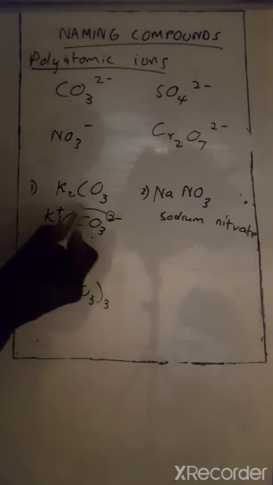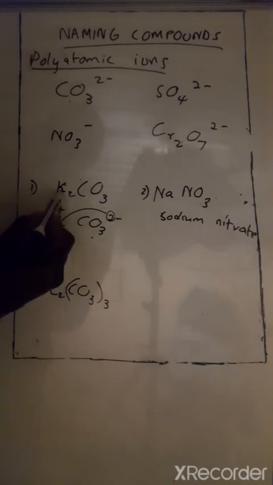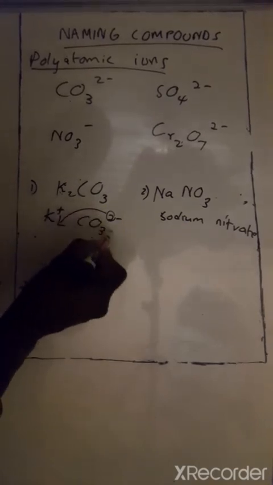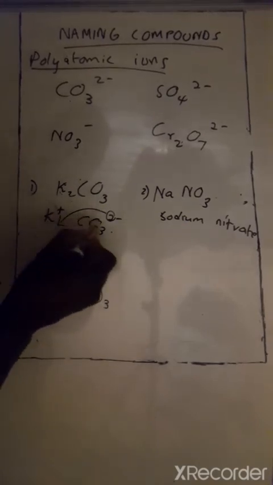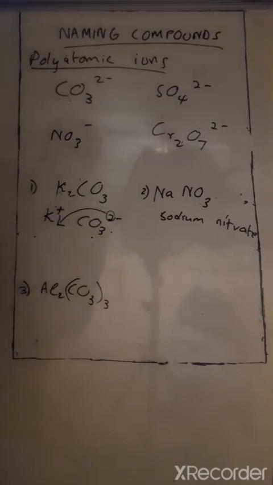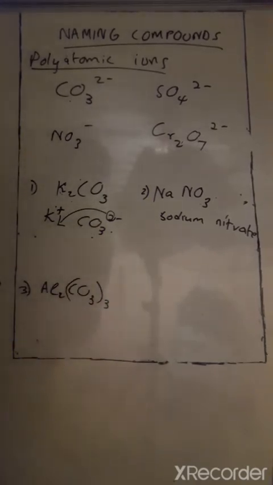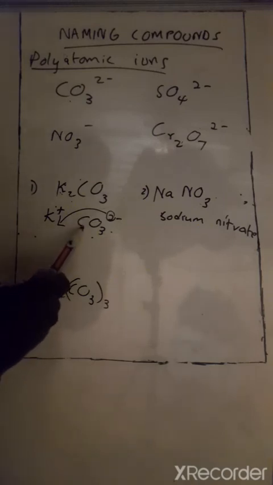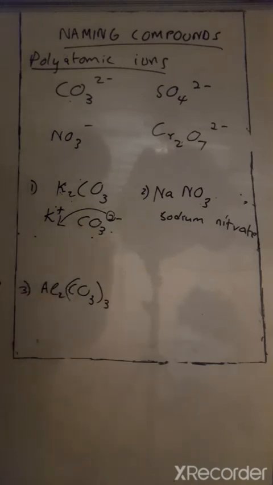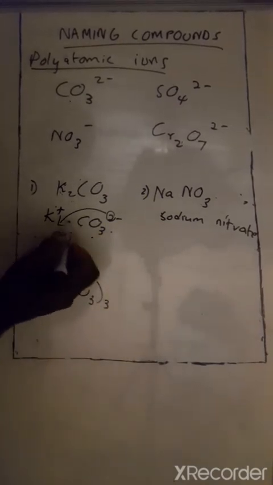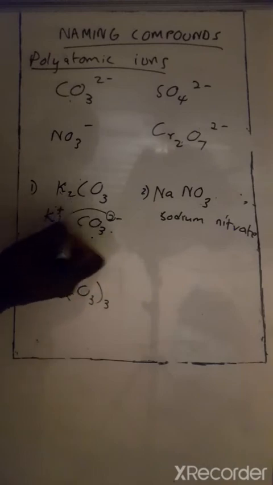You see, it was just K plus, now it's K2, and we have a 1 coming this side. But we hardly write any 1, since there is only 1 carbonate, so it simply tells you there's only 1 carbonate, and that's why we ended up having K2CO3.